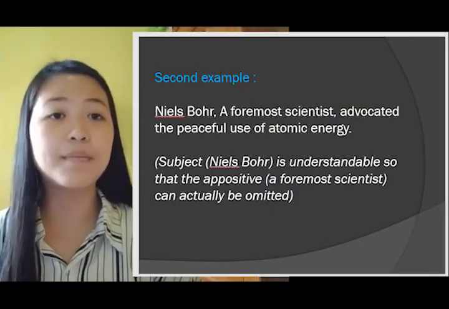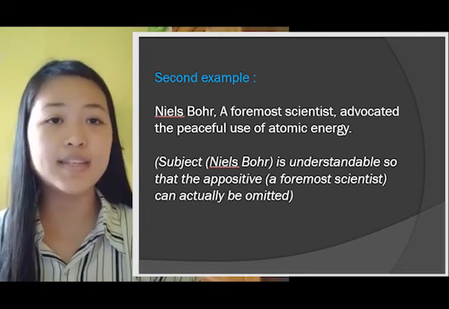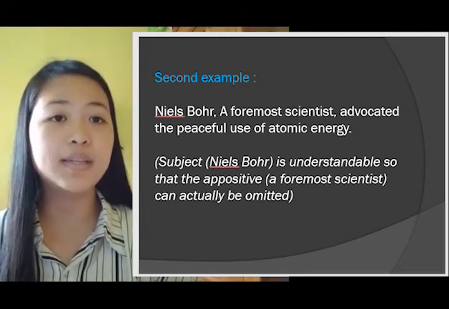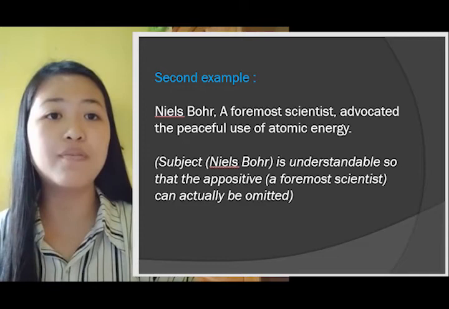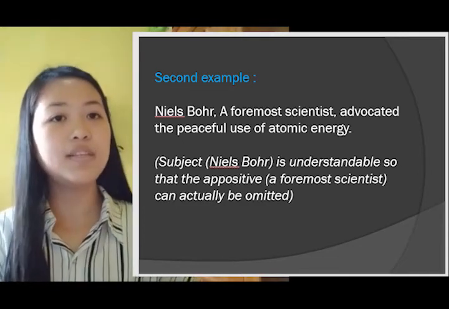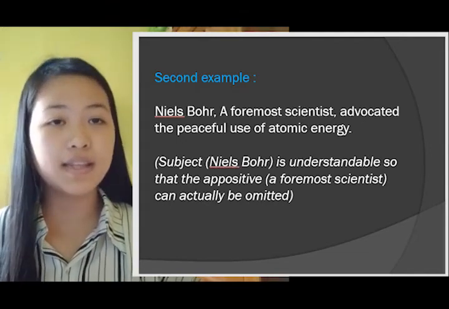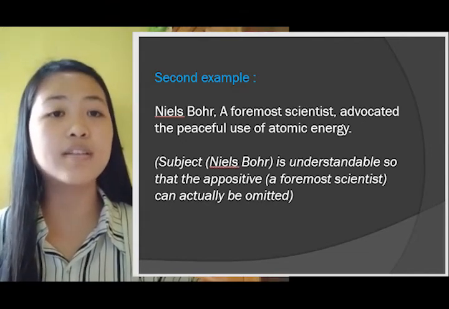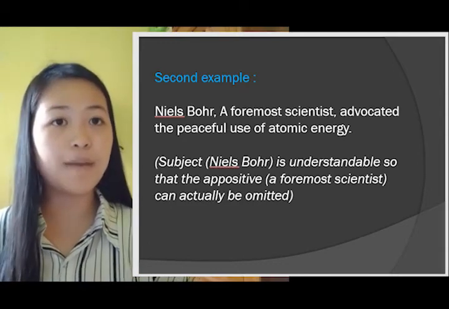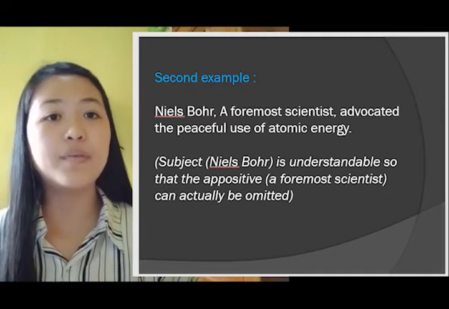The second example, Niels Bohr, a foremost scientist, advocated the peaceful use of atomic energy. Same as the first example, the subject, Niels Bohr, is understandable, so the appositive, a foremost scientist, can be removed.